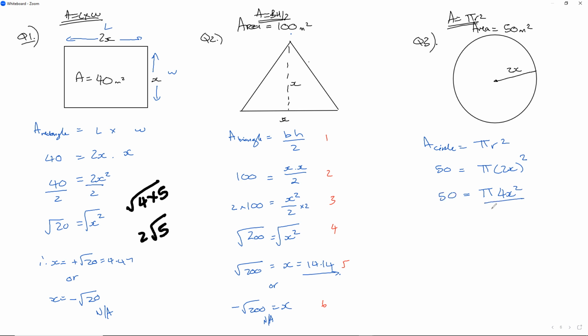If I divide the left-hand side and the right-hand side by pi times 4, I'll be isolating x squared, and I'll have 50 over pi times 4 on the left-hand side.